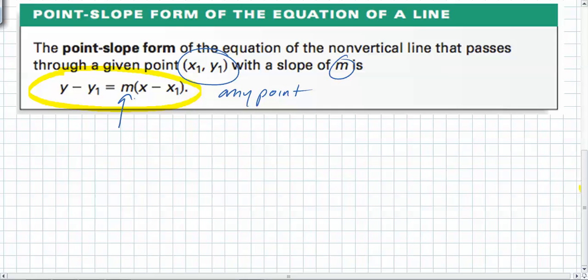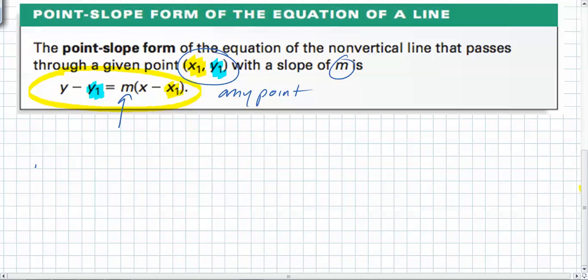So the slope is right there, and x1 is right there, and y1 is right there. This allows you to essentially do substitution mathematics to find the equation of a line, as long as you have that line's slope and any point that that line goes through.